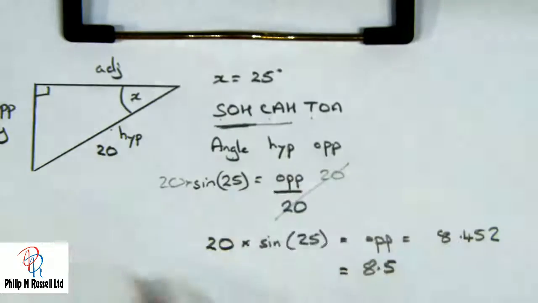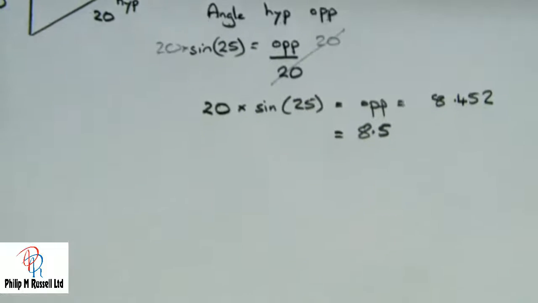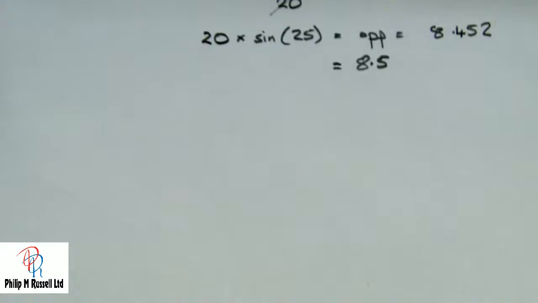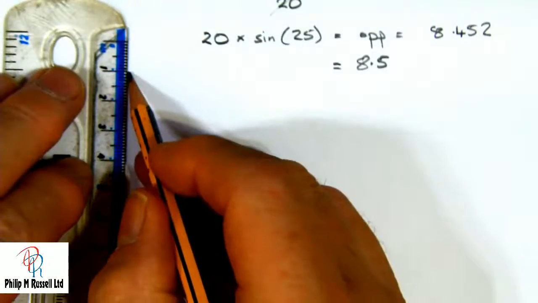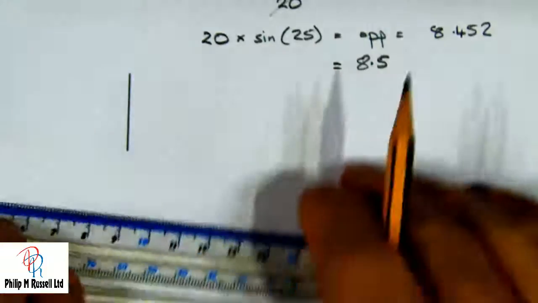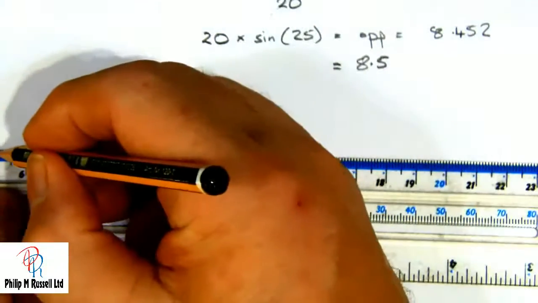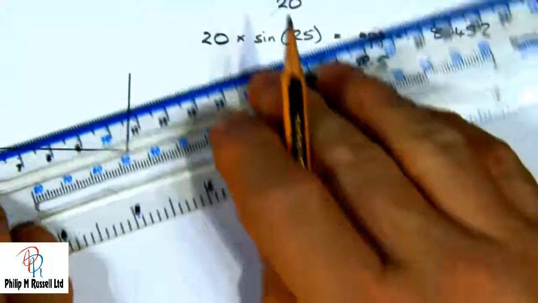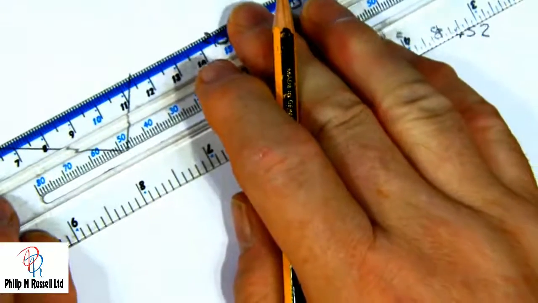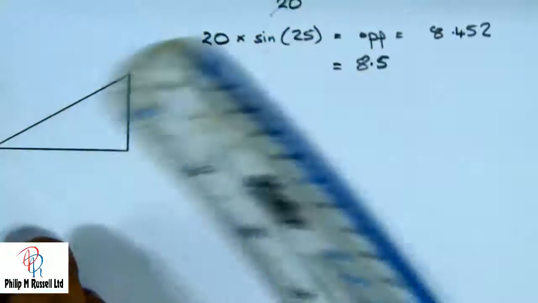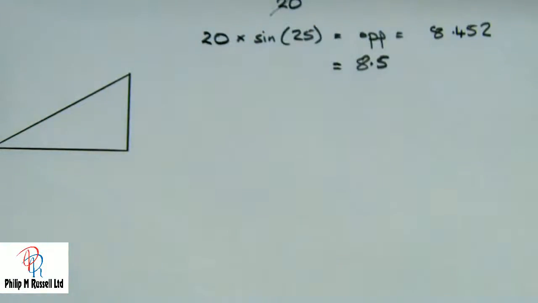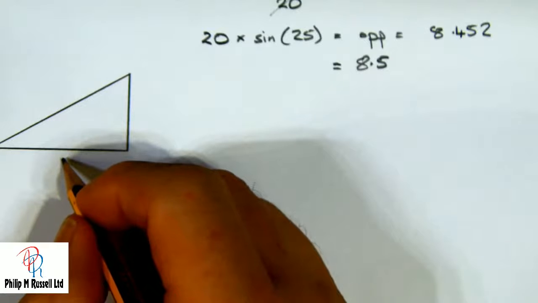Let's look at one that is not a sine, but this time we'll look at a different one. I'm deliberately just drawing the triangles around different ways because the first thing we need to do is to try and work out what we want to work out.